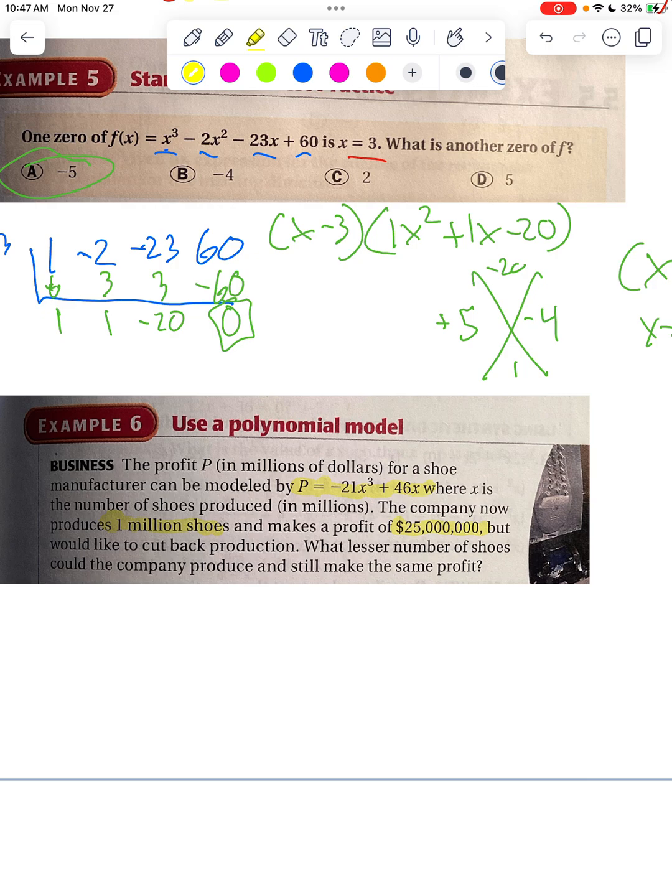So I'm going to start by, again, taking the information that I found and putting it into my equation. Because it's 25 in millions, I've got 25 equals, and then I'm going to plug in my equation.